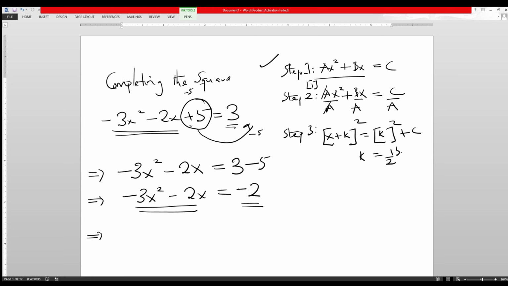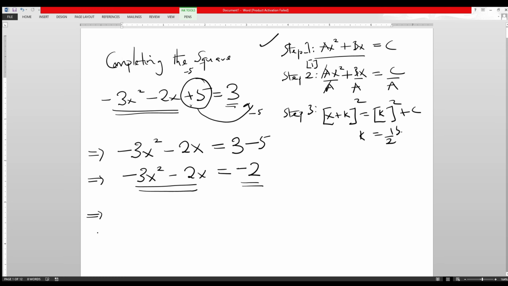So that implies we're going to have minus 3x squared divided by -3, minus 2x divided by -3, is equal to minus 2 over -3.